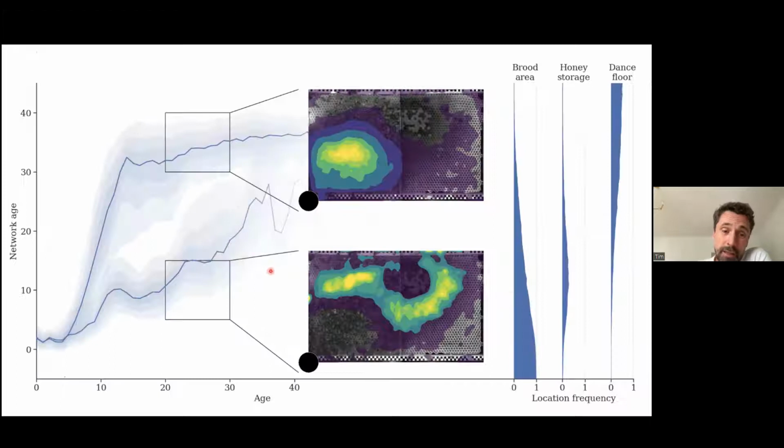Curious thing is that network age over the biological age seems to split early on in life, so that we have a bimodal distribution.